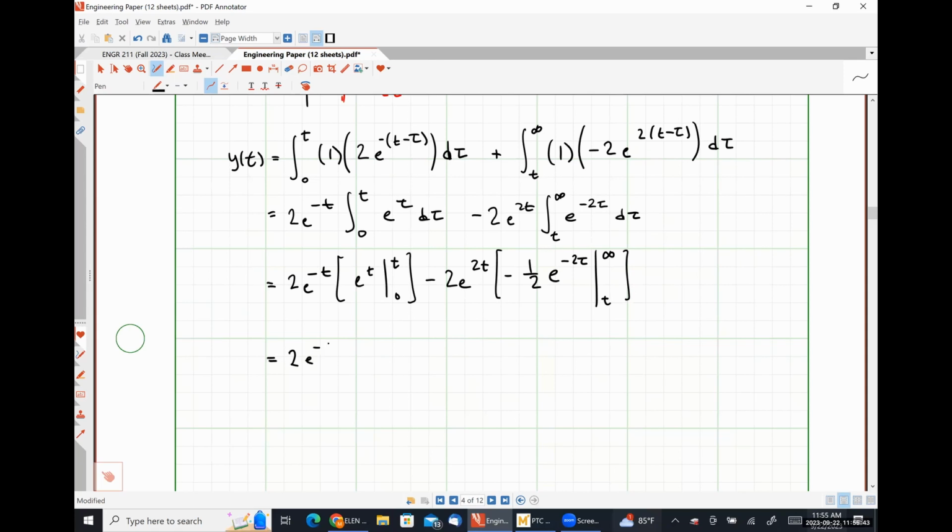So 2e to the negative t, that should have been a tau, e to the t minus 1, plus e to the 2t, 0 minus e to the negative 2t.